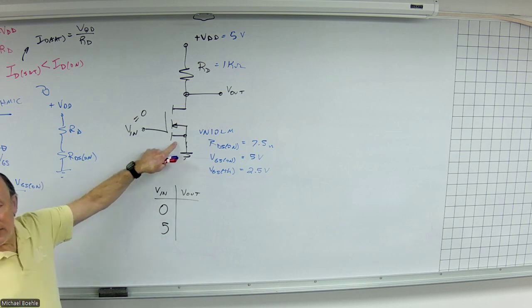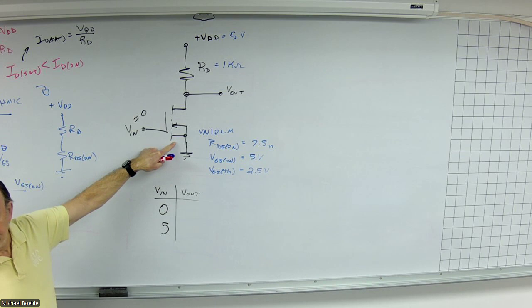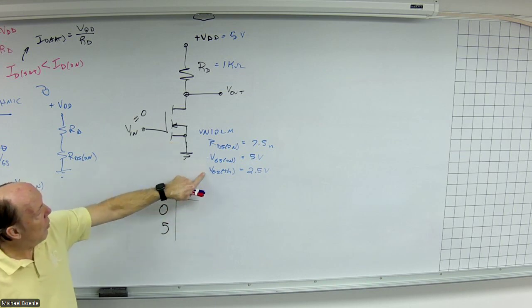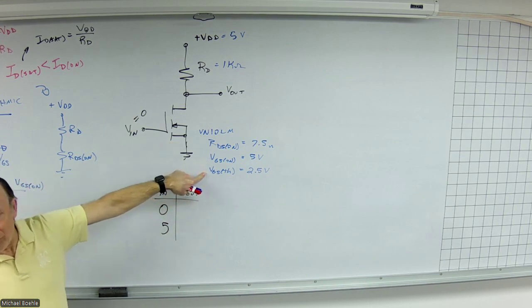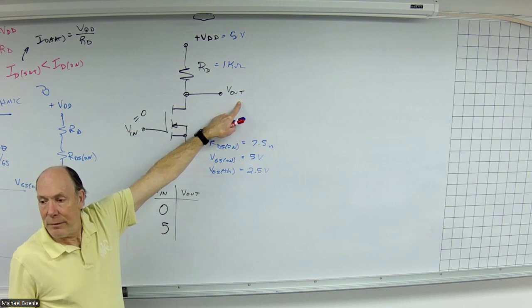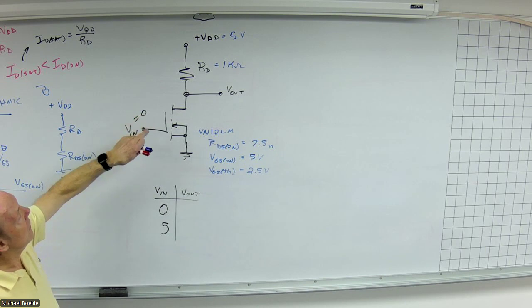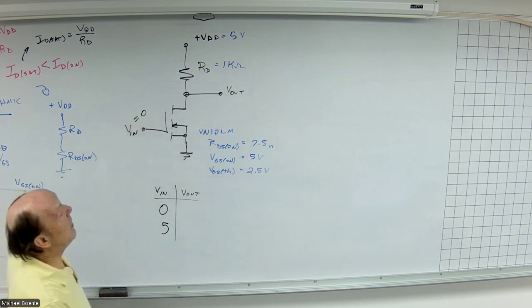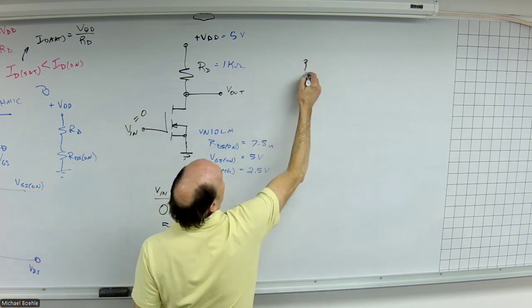What is the condition of this transistor? Below the gate source threshold voltage, this transistor is off. Acts like a very, very high resistance. And so my output voltage will be what? You want to take it to the extreme.